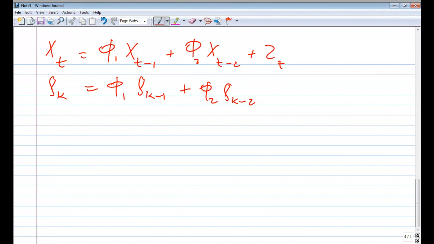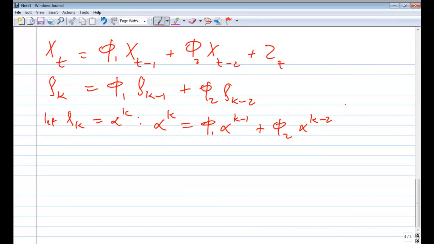That is the second step. The third step, you let rho k be equal to alpha to the power k. So you are going to get alpha to the power k equal to phi 1 alpha to the power k minus 1 plus phi 2 alpha to the power k minus 2.